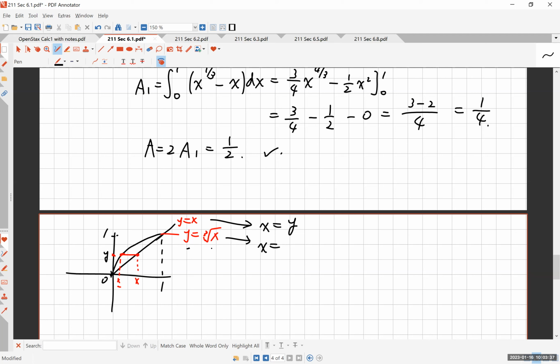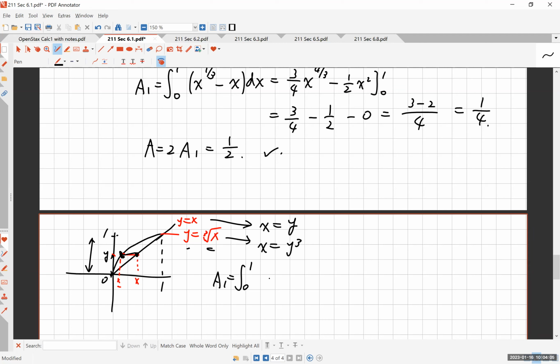If y is the cube root of x, then x is y cubed. Okay, so that's just the inverse function. So for each y, x goes from y cubed to y. So a1 is going to be, again, y going from 0 to 1.